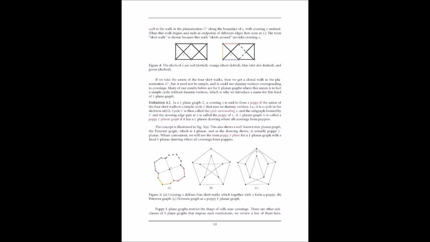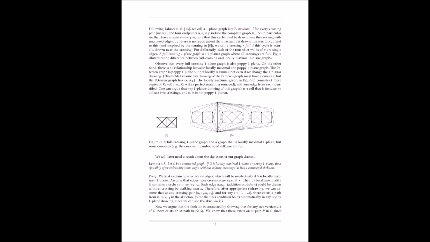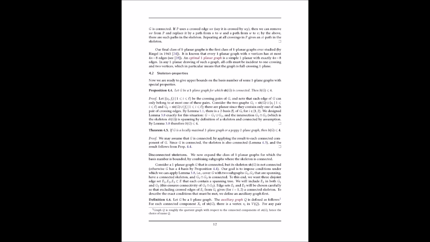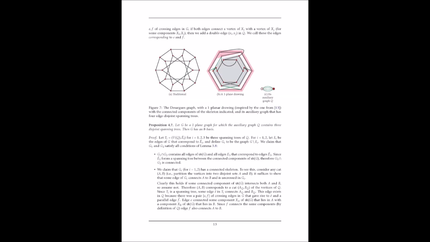Which definitely contains a spanning tree. You got it. And since planar graphs have a basis number of at most 2, the basis number of our original one-planar graph with a connected skeleton is at most 4. Wow, that's a really elegant application of planar graph properties to bound the basis number of a more complex graph. It is. This technique highlights how understanding simpler structures can help us unlock the secrets of more intricate ones.